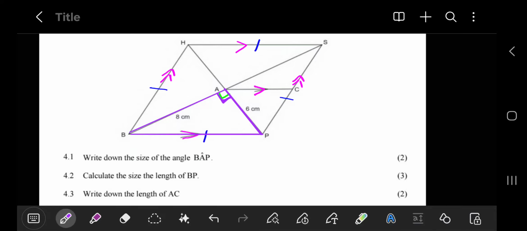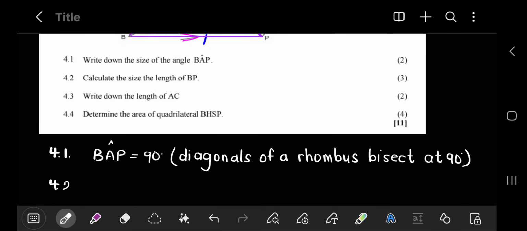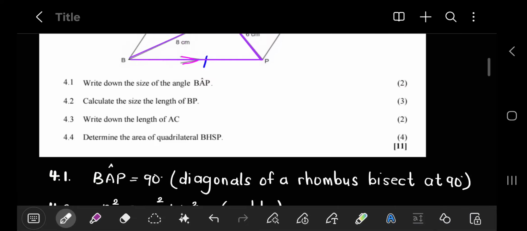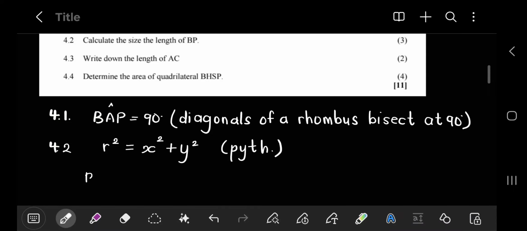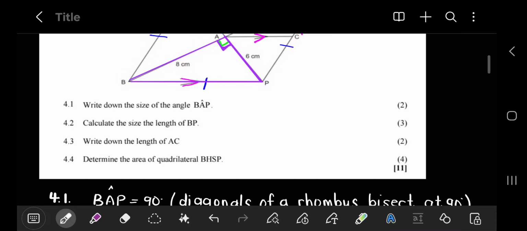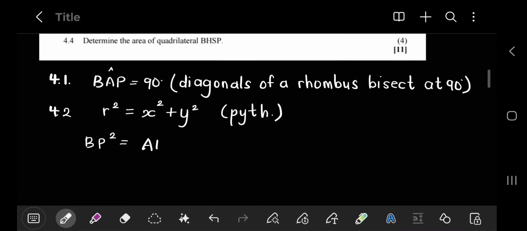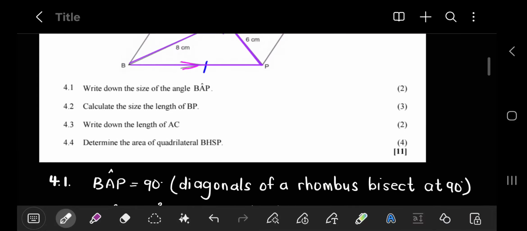Let's start off by writing down the theorem of Pythagoras. The general rule for Pythagoras is r squared is equal to x squared plus y squared. Now the hypotenuse here is BP, so BP squared. For x and y, you can interchange between those sides. I'll take x as AB and y as AP. Let's now substitute. BP is what you're solving for.